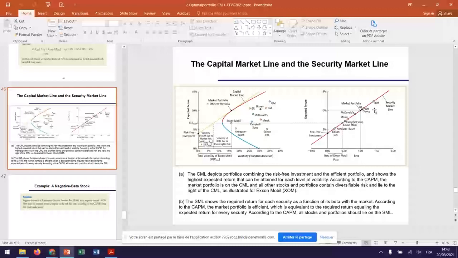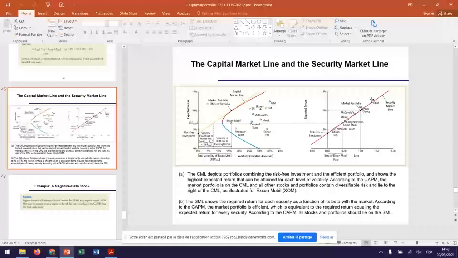It seems the security market line from the CAPM allows us to use beta to predict the expected return, which is the main assumption of the CAPM. This line we call the security market line. According to the CAPM, all stocks and portfolios should lie on the SML line.